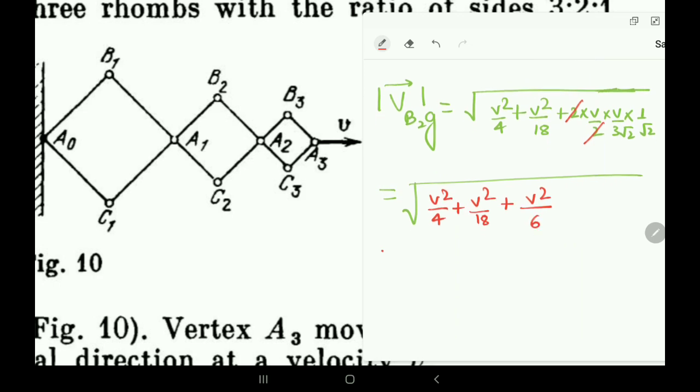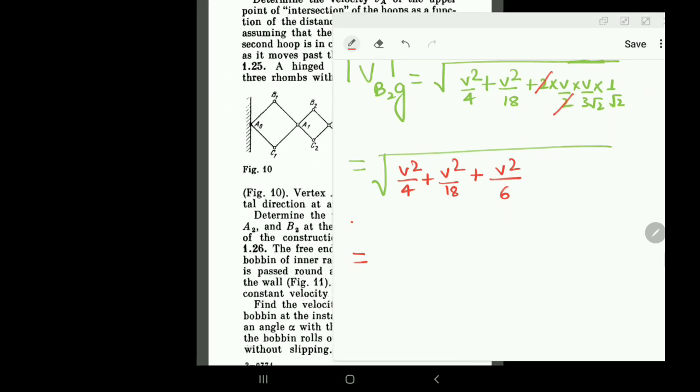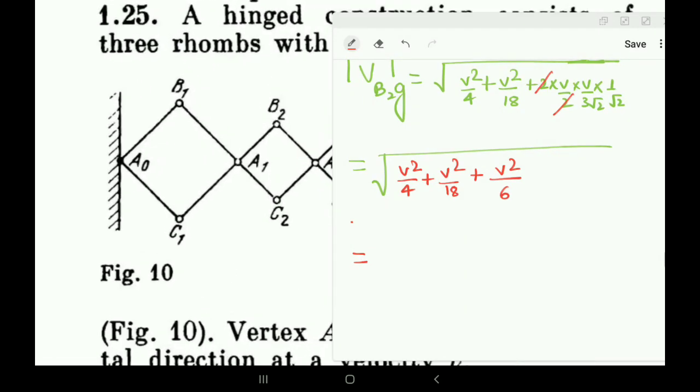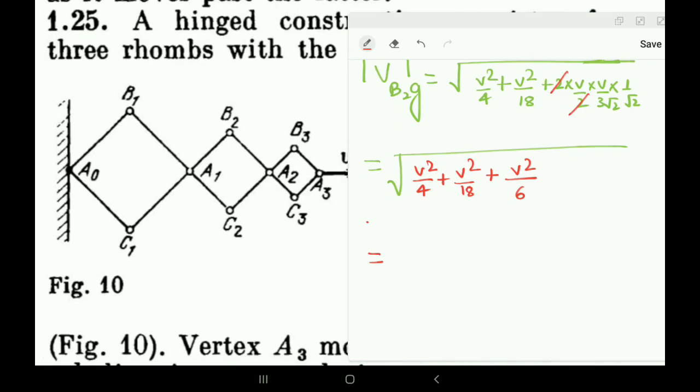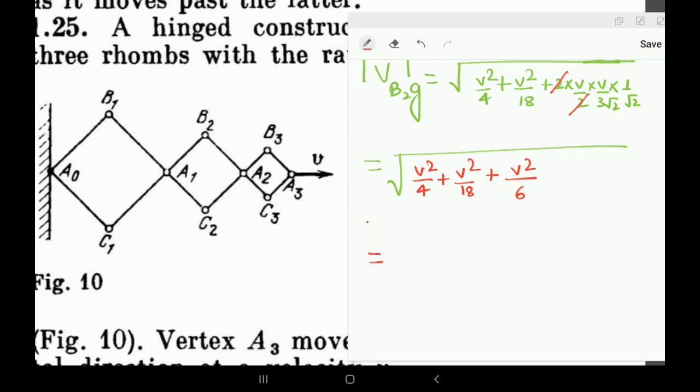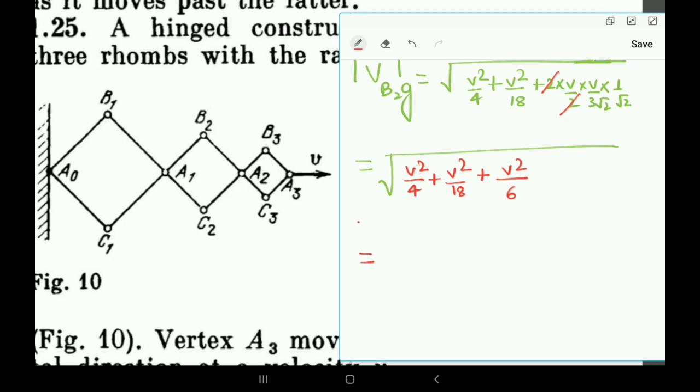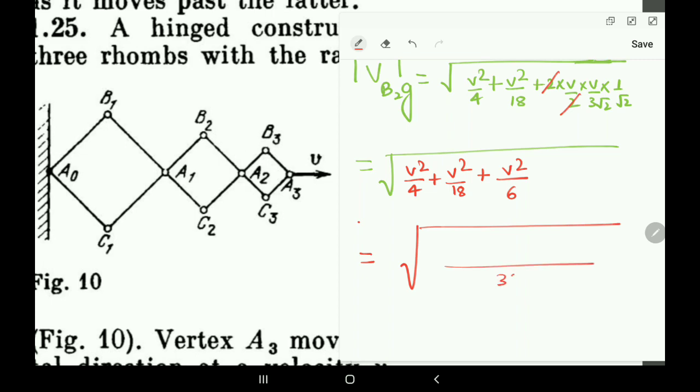Alright, so take the LCM. The LCM is 36, and in the numerator it will be 9V square plus 2V square plus 6V square.